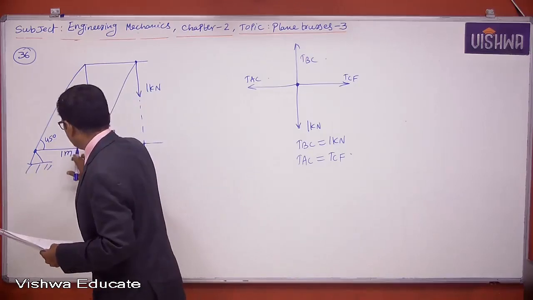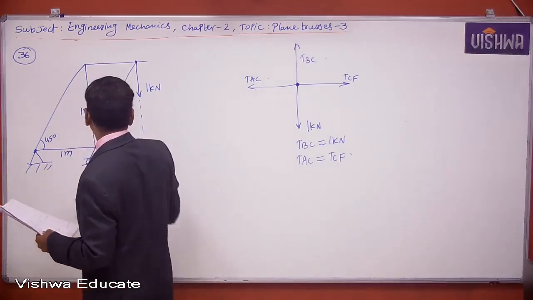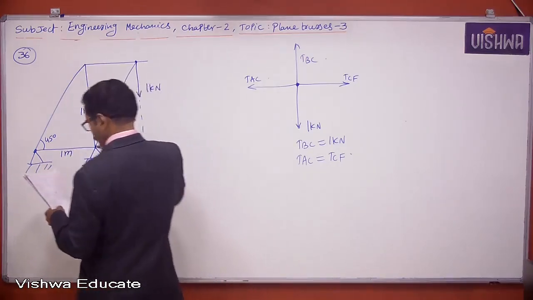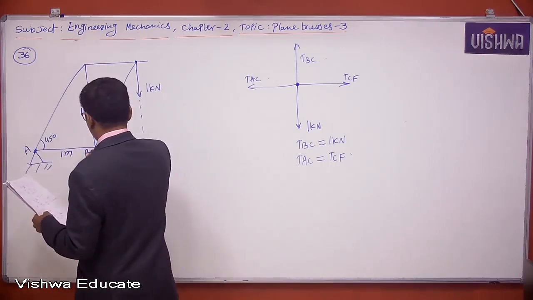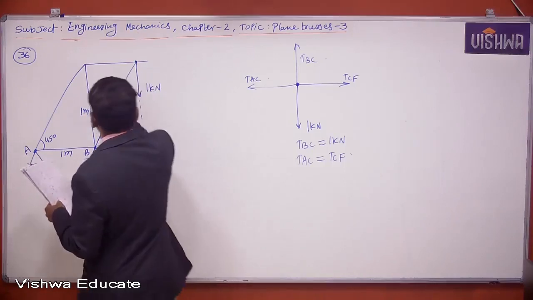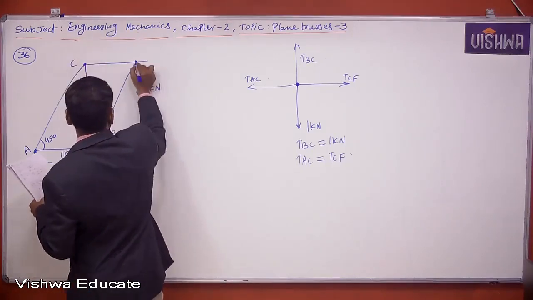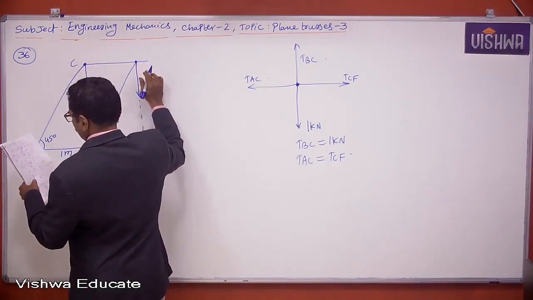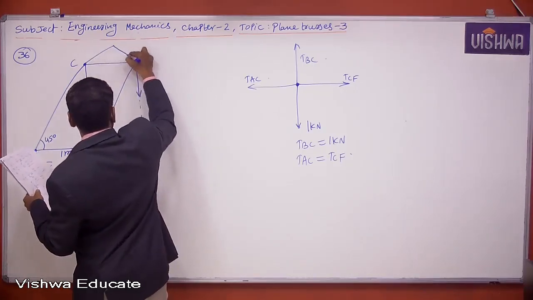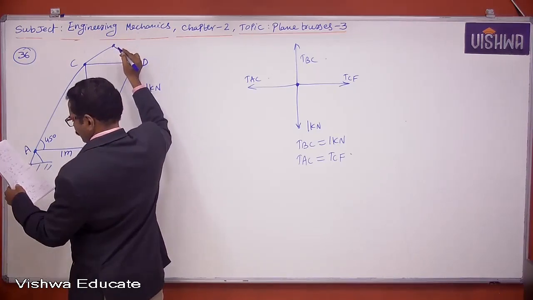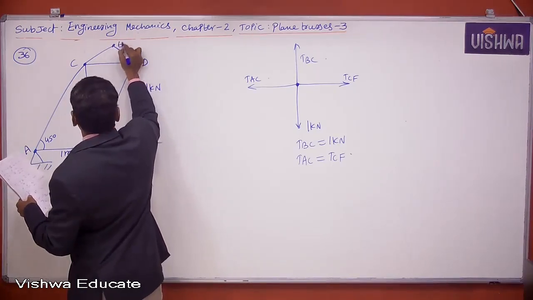Since it is 45 degrees, this will also be 1 meter, right? So this is A. This joint is B, this joint is C, this joint is D, and this is E.